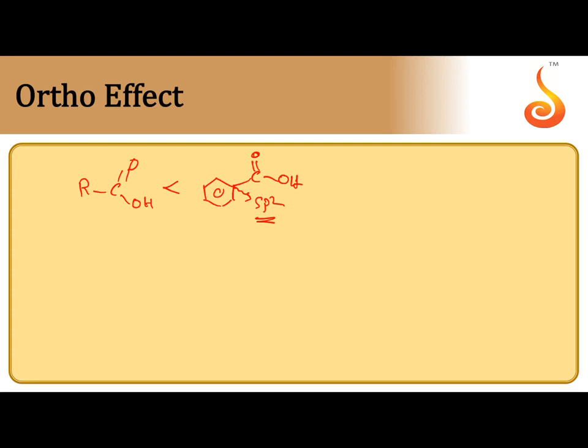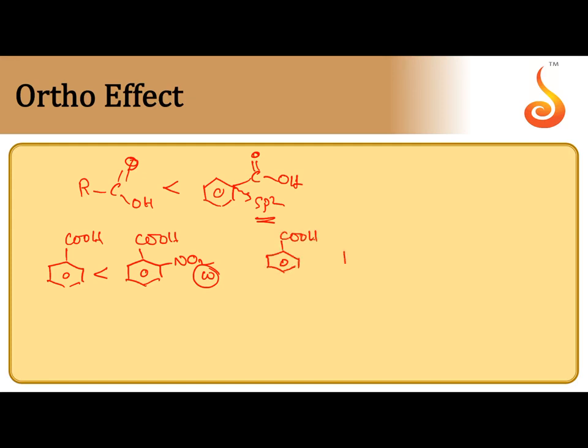So benzoic acid is stronger acid when compared with aliphatic carboxylic acid. When we want to compare acidic strength of two benzoic acids, normal benzoic acid and orthonitrobenzoic acid. Nitro group is withdrawing group, so obviously orthonitrobenzoic acid is more acidic.